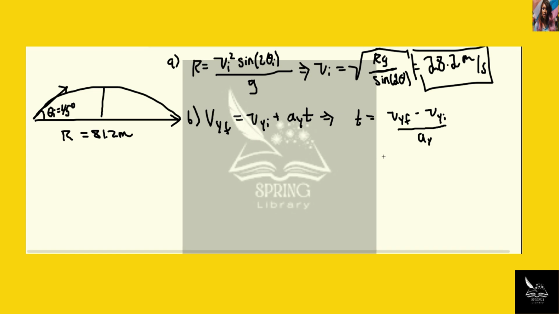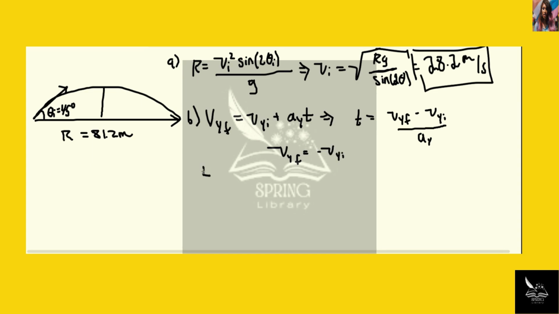And then, of course, you guys could imagine that because the projectile returns to the level from which it was launched, the final vertical velocity is equal to the negative of the initial one. So Vy final equals minus Vy initial.